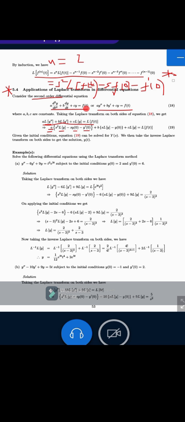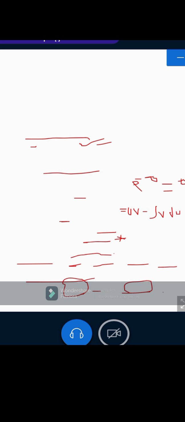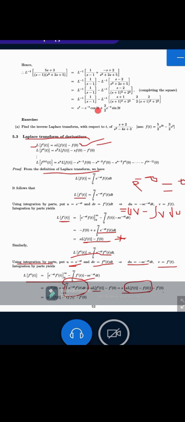And then plus, for this one, b times the Laplace transform of y prime is the same as the Laplace transform of f prime. And we saw that the Laplace transform of f prime is whatever you have here.